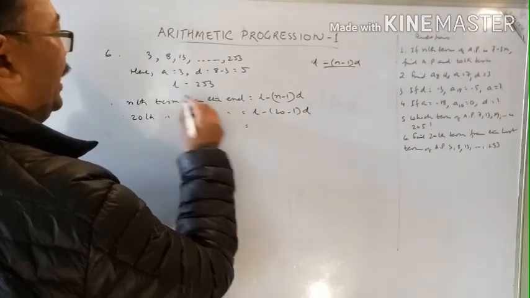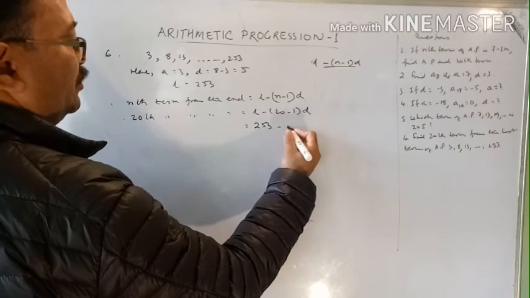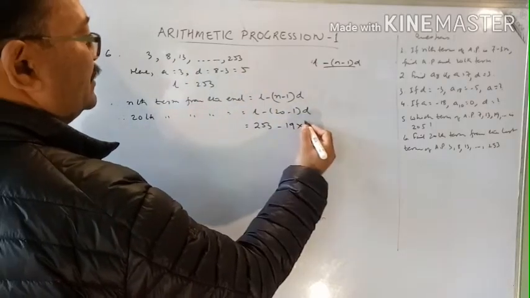Now put the values: 253 minus 19 into d, and d is 5.